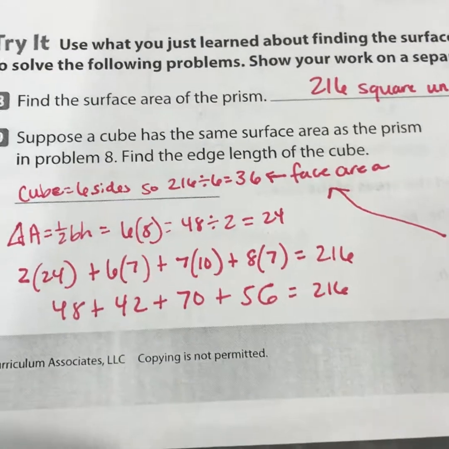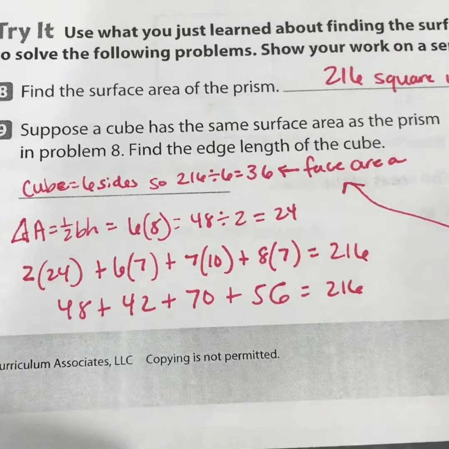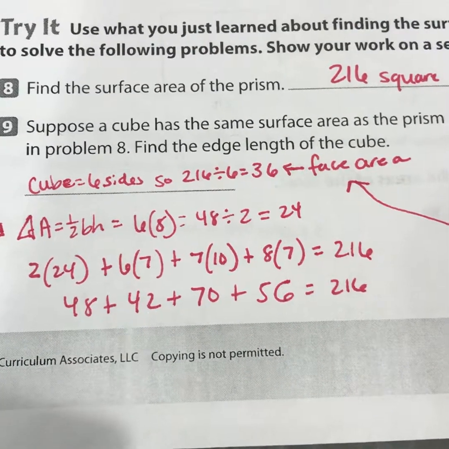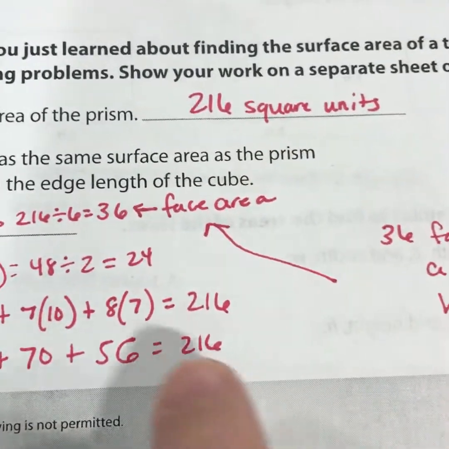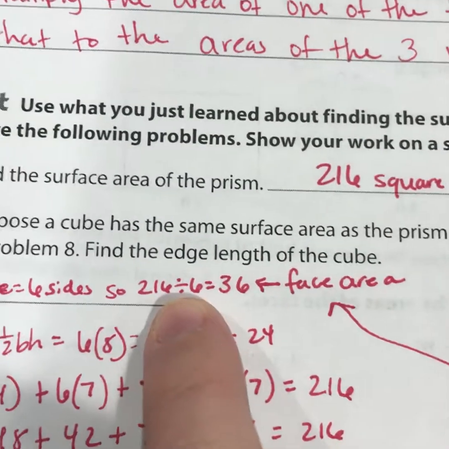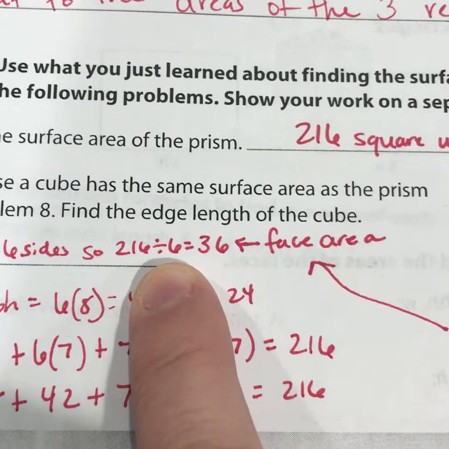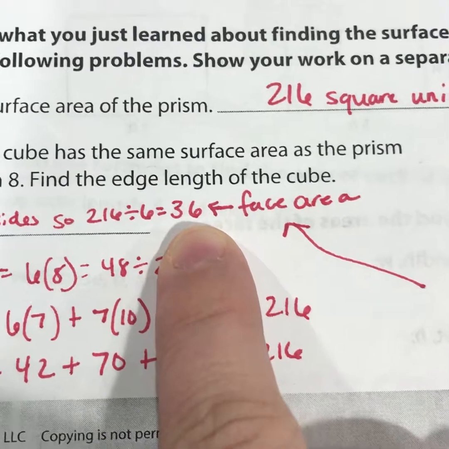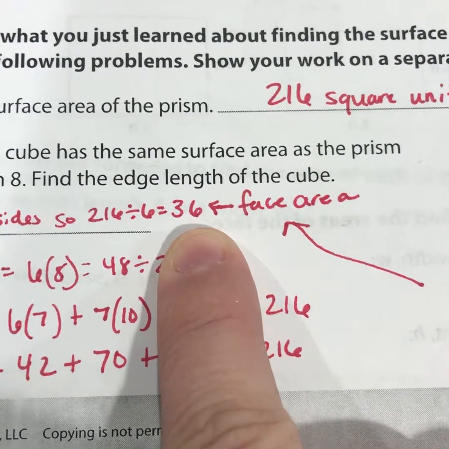Remember, a cube is made from a square where all of the edges and all of the dimensions are the same. So what I would do is take my total surface area, divide that by 6 because there's 6 sides or 6 faces in a cube. That means I have a face area of 36 for one of the faces in the cube.